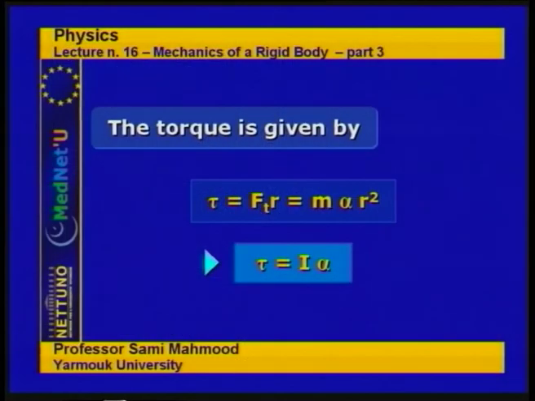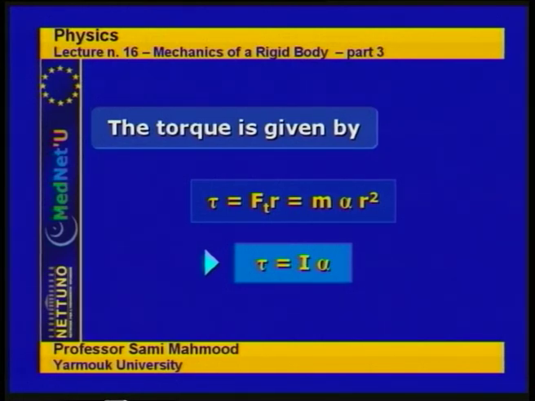And now if we rewrite this quantity in terms of angular variables instead of linear variables, we remember that the moment of inertia of this rigid body, which consists of a single particle rotating at a distance r from the rotation axis, is simply mr square, as we discussed before.